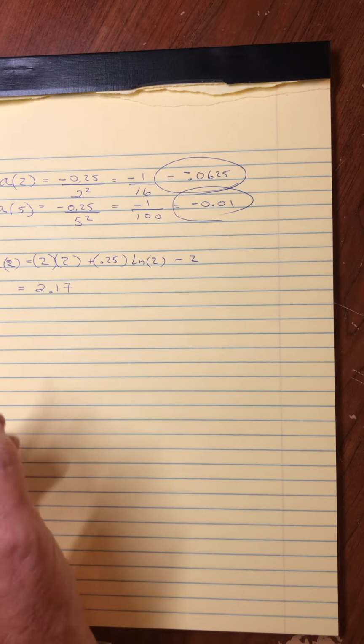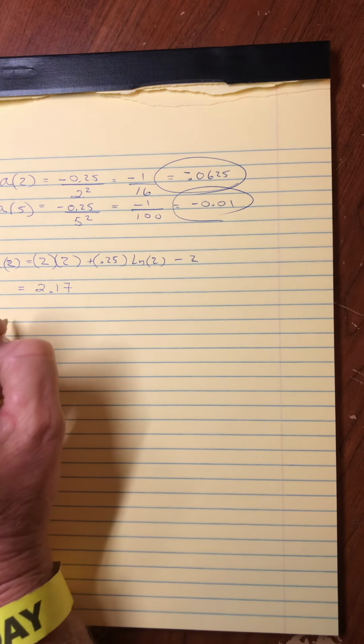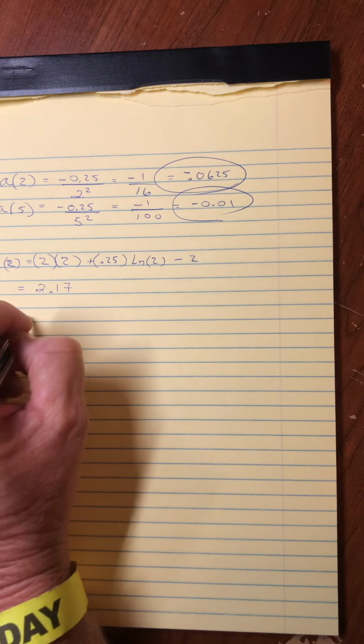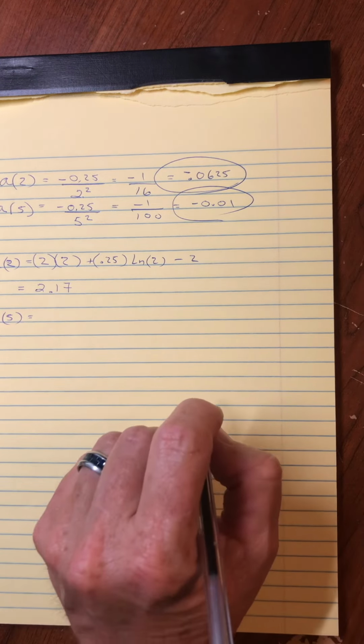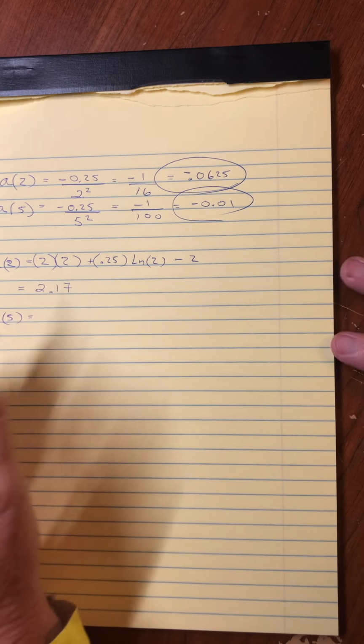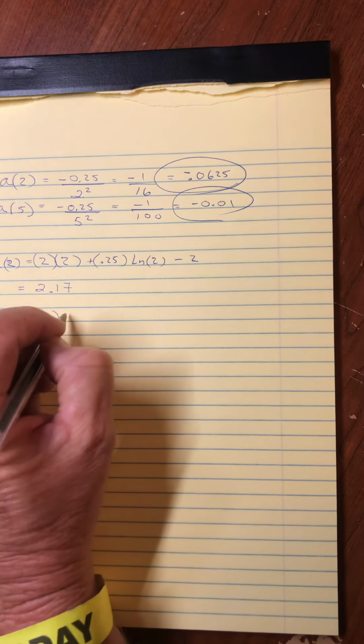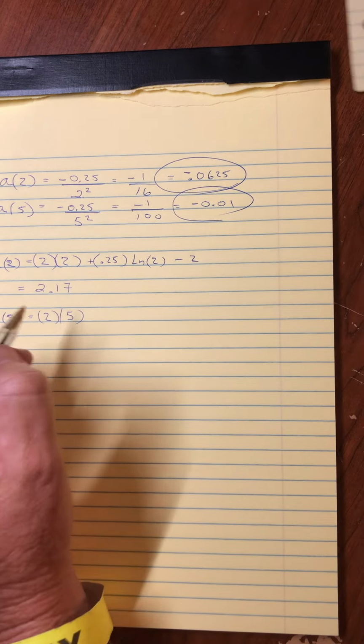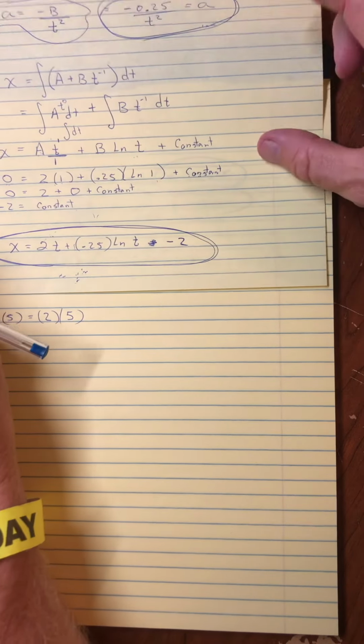And if we do it again, and say, all right, what is the position at 5 seconds? Okay, we can put in the 2 times the 5. So I'll just put the equation here in the screen.